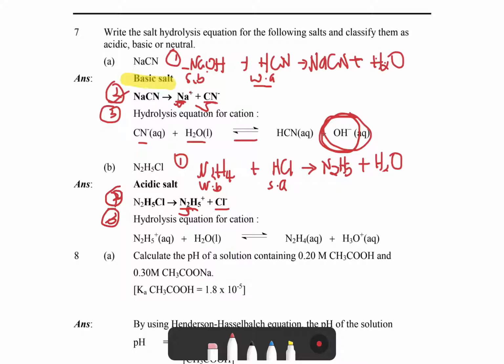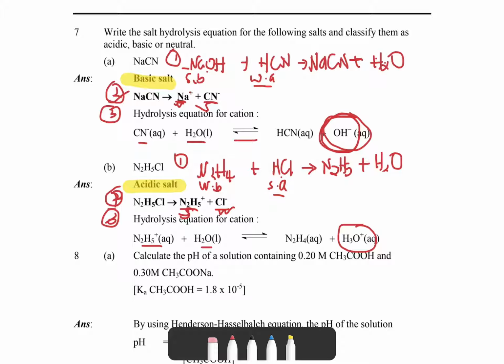Cl ion, okay, chloride ion dia berasal dari HCl, which is strong acid. So strong acid produce weak conjugate base. So ion ini adalah weak. So kita akan choose the strong ion to hydrolyze with water. Okay, yang ini yang strong, so ini yang akan react with H2O. So the product akan hasilkan H3O+. So the productions of H3O+ means dia adalah acidic salt.